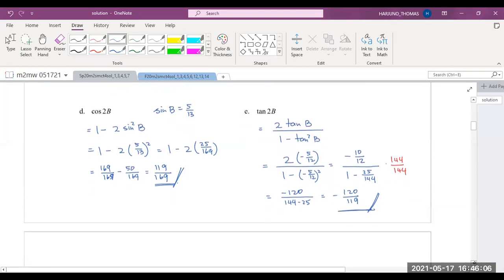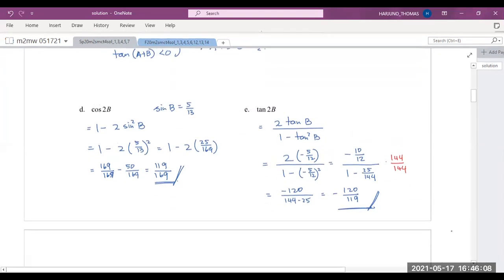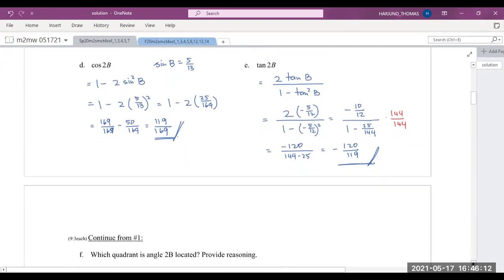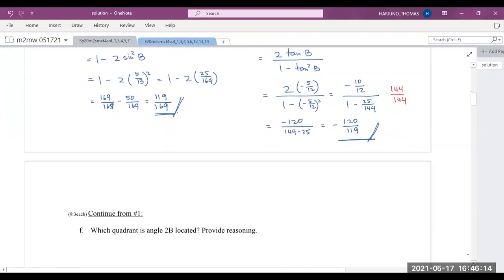Okay, now let's see, part F. Which quadrant is angle 2B located? Well, cosine 2B is positive, yet tangent 2B is negative. So from here we see that angle 2B must be in quadrant 4.